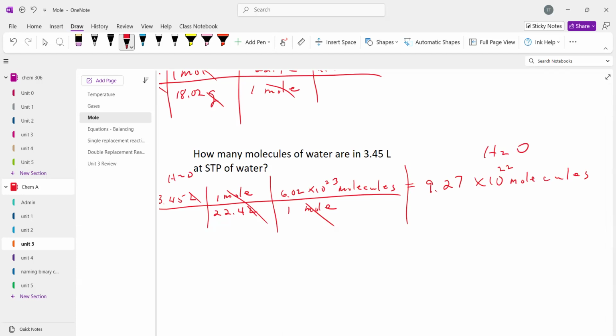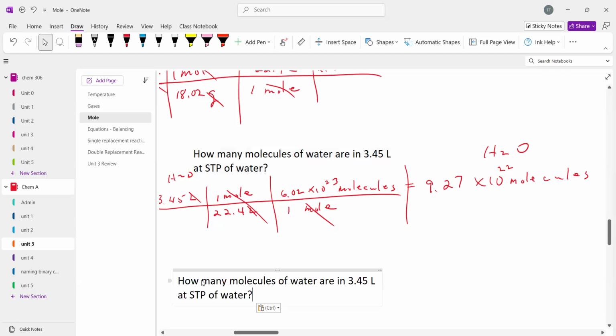Okay, let's do another flavor of this. How many atoms of hydrogen are in 3.45 liters of water? Now, I want to be very specific on this problem.